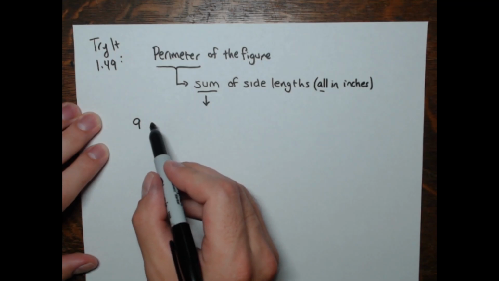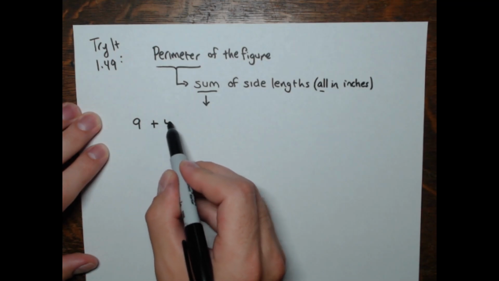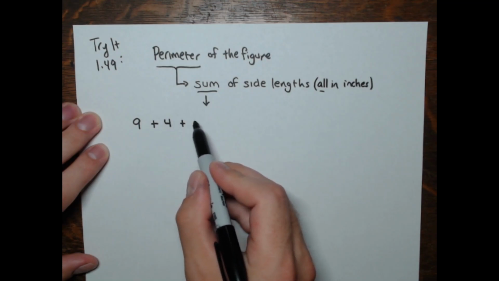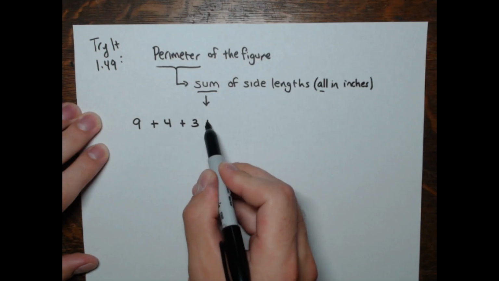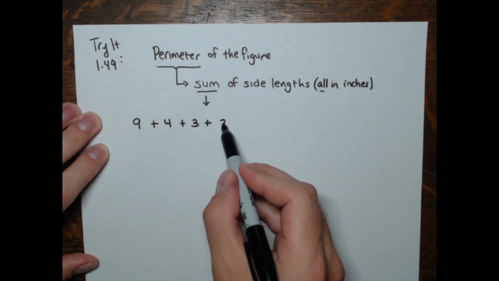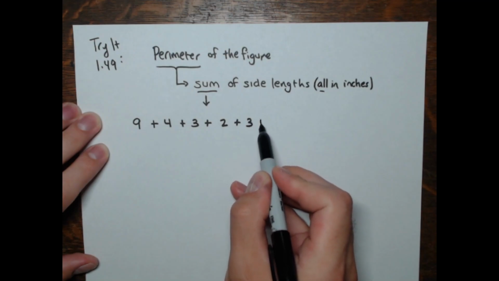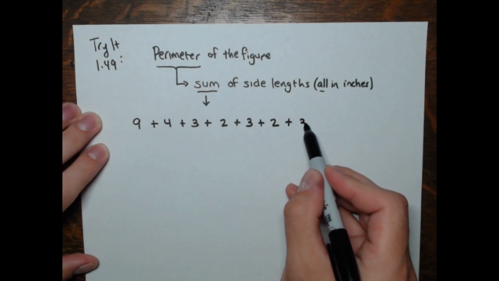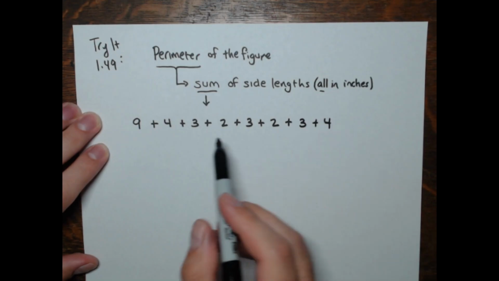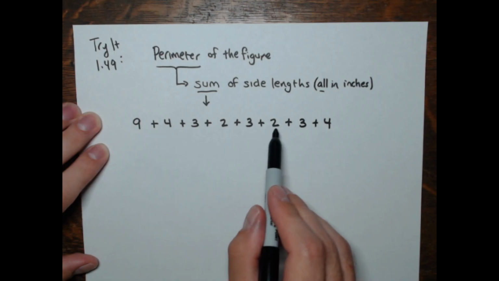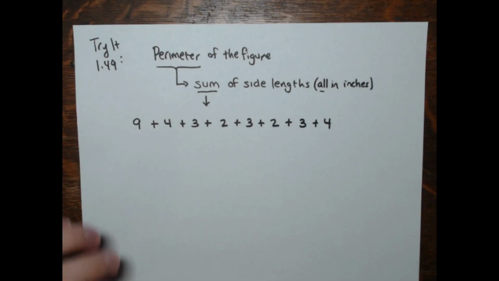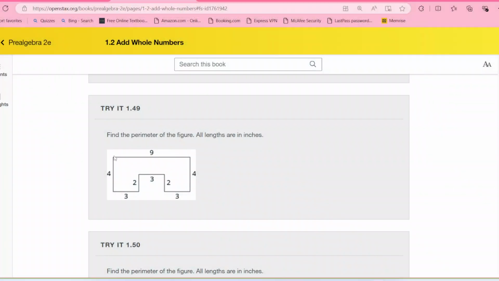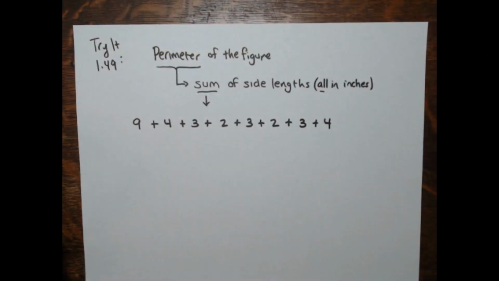So we had a 9-inch length plus a 4-inch length plus a 3-inch plus 2 inches plus 3 inches plus 2 inches plus 3 inches and then plus 4 inches, right? So there were 1, 2, 3, 4, 5, 6, 7, 8 sides to this shape, right? 8 sides. All right, so then we simplify.